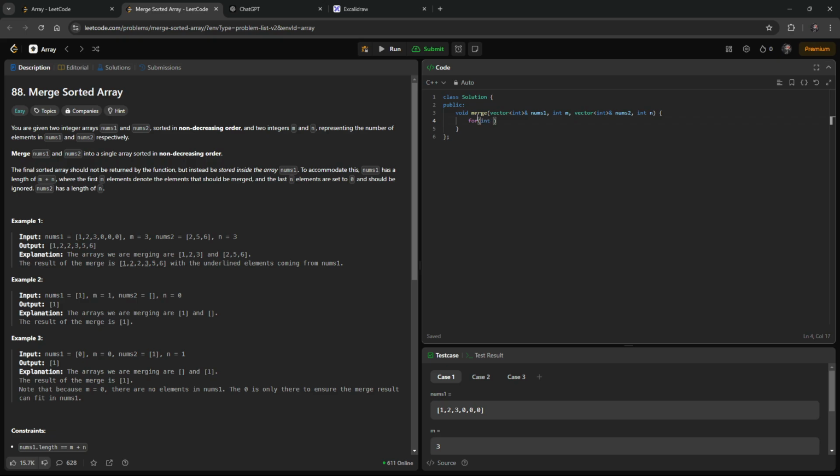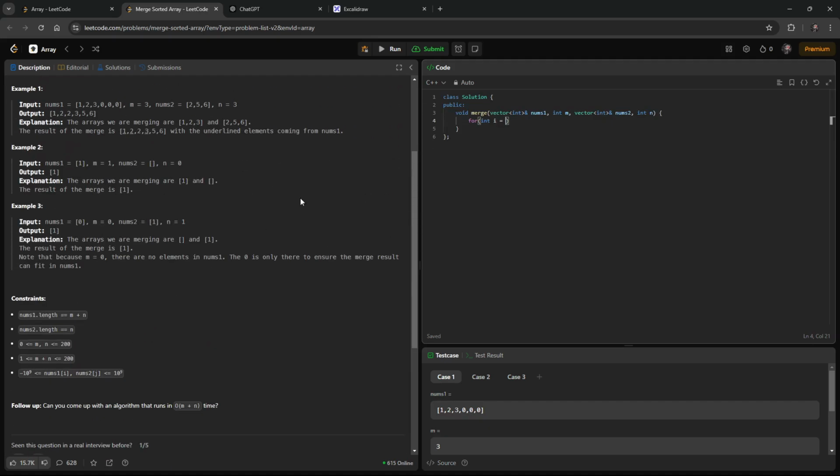So what I could do is int i equals to m, which is the length of the, okay, so that's not how we should do it. So I need to check 0, 0, 1, and it should return 1. So int i equals to 0, i is less than m, i plus plus.